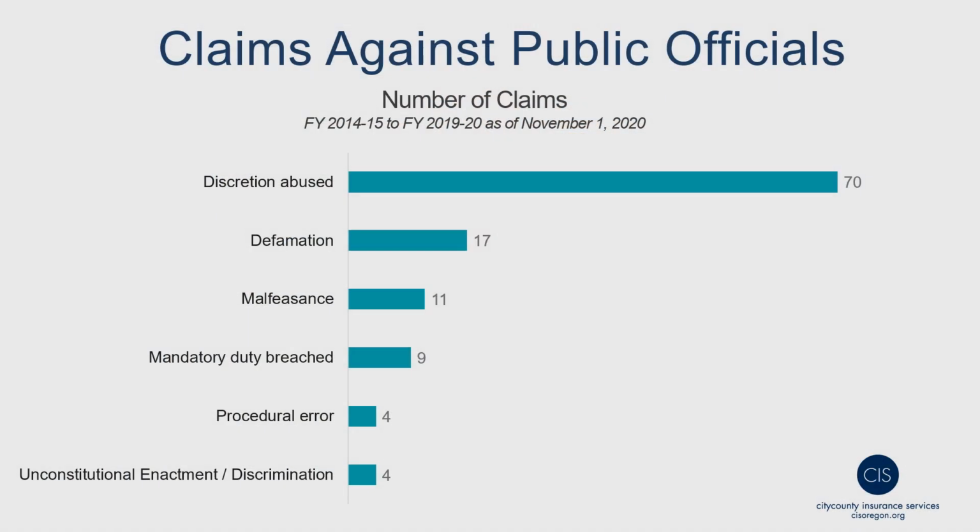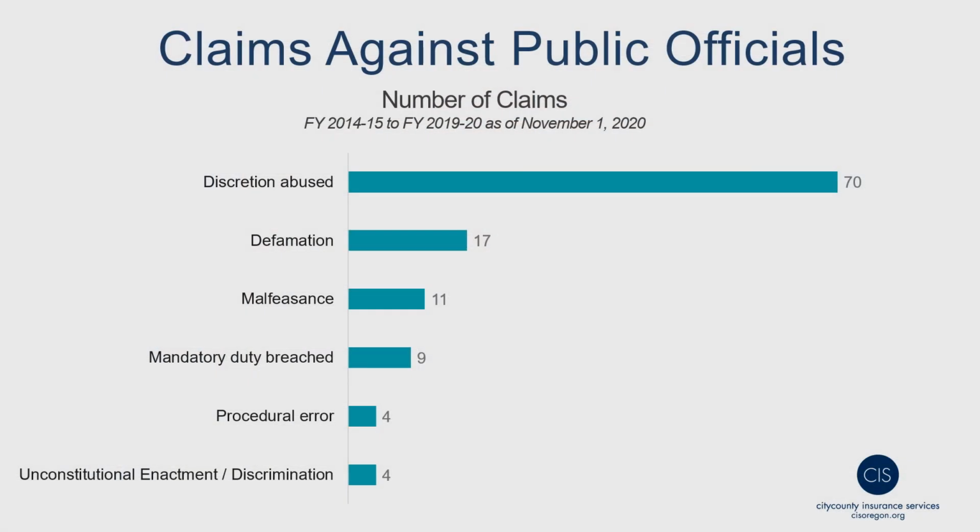Malfeasance would be something like someone knowingly hid a conflict of interest and didn't disclose it. A mandatory duty breached is something akin to letting someone go. For a city council, it's typically the city manager, and not providing them the due process that they're entitled to before they're let go.